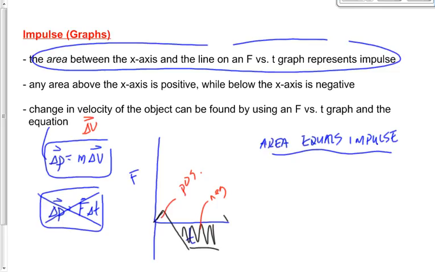So, see this graph, think 3 words, area equals impulse. If the area is above the x-axis, it's positive. If it's below the x-axis, it's negative. And if you've got to go beyond the impulse and find something like delta V, the change in velocity, set the impulse that you found by calculating the area equal to m times delta V.